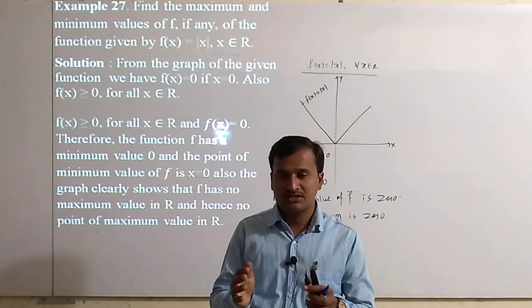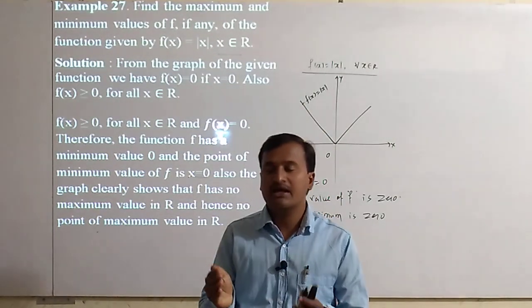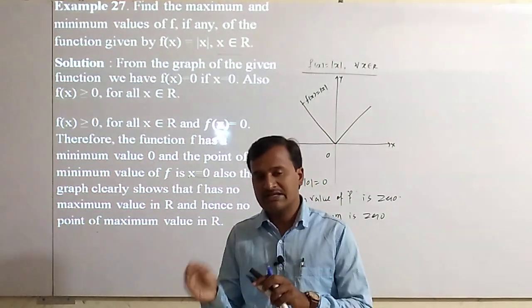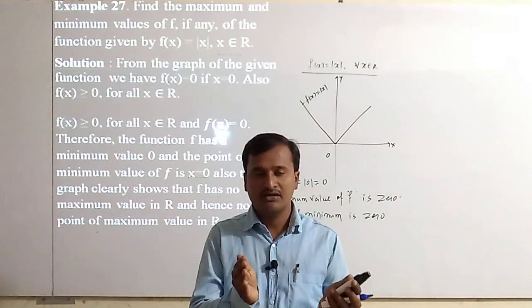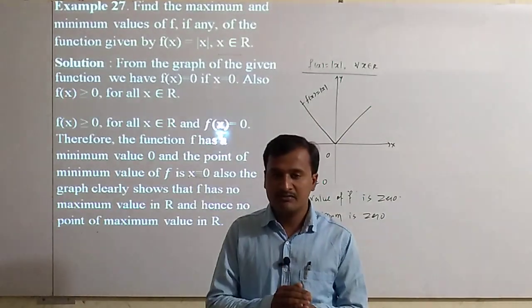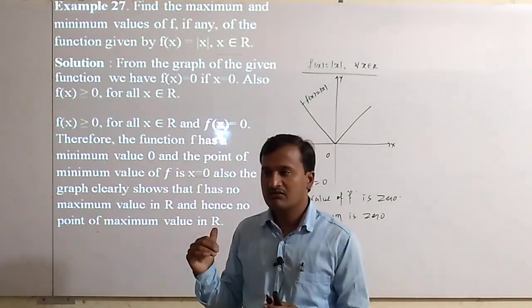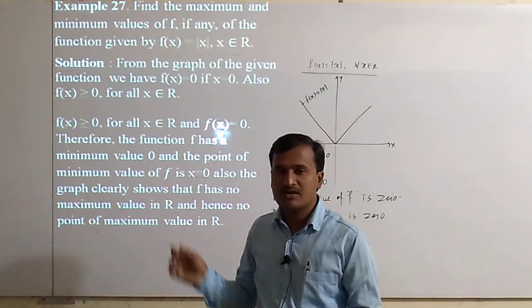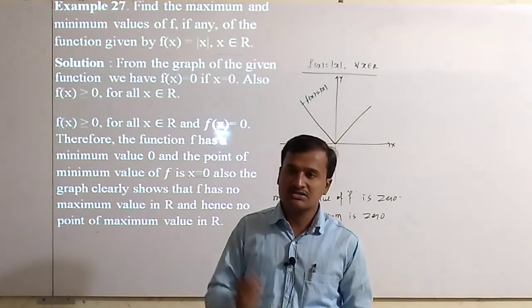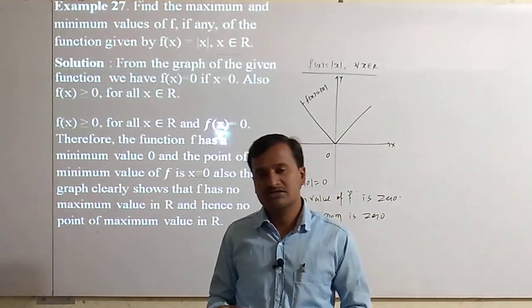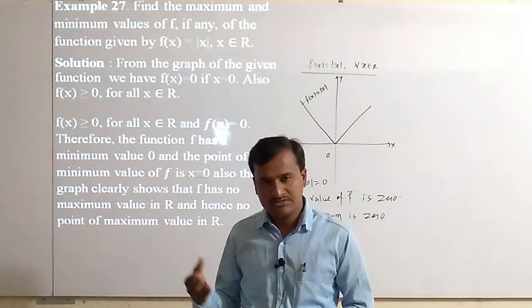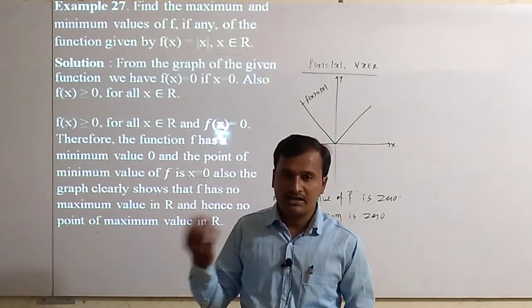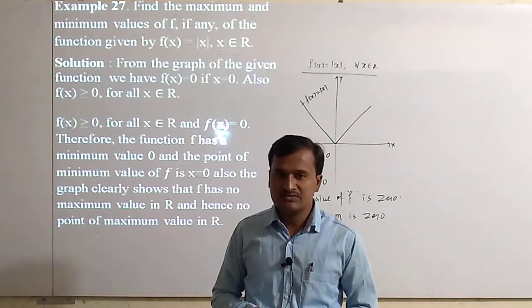In the exercise they have given problems on maxima, minima and local maxima and local minima, right? So here I will now discuss the problems only on maxima and minima. In the next class, after discussing local maxima, local minima and absolute maxima and absolute minima, we will take the remaining exercise problems.